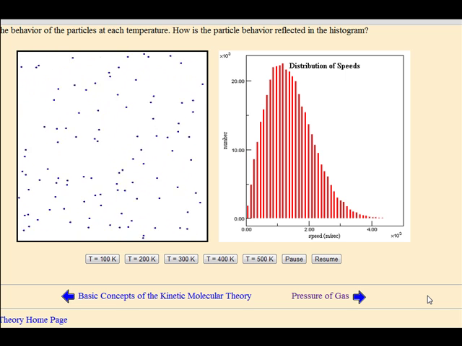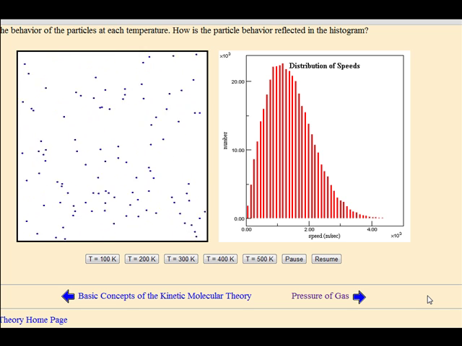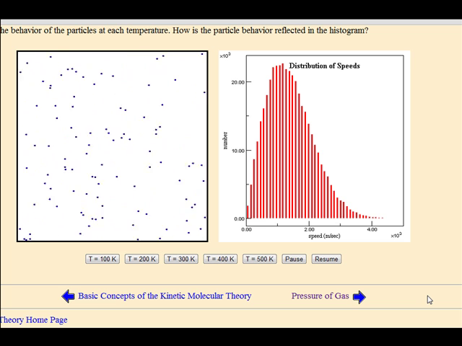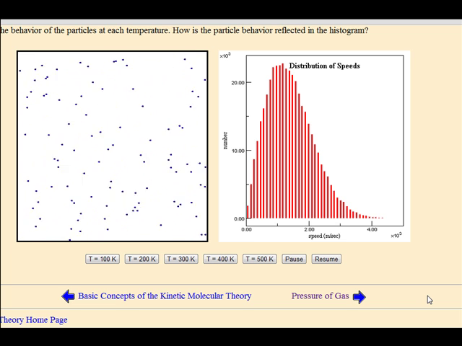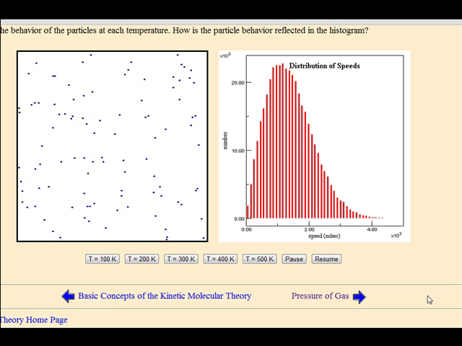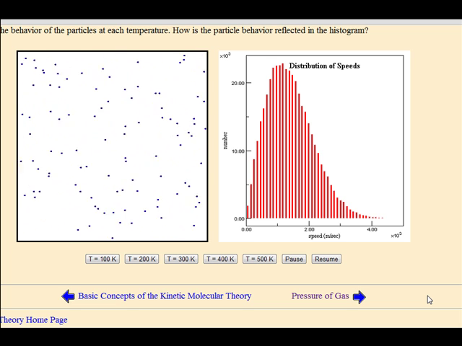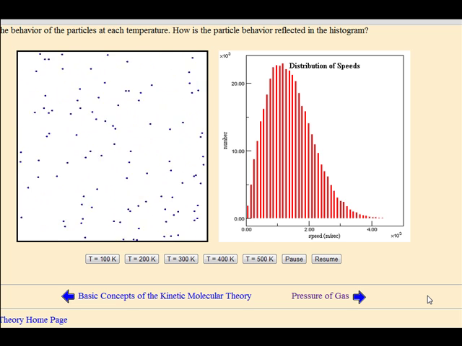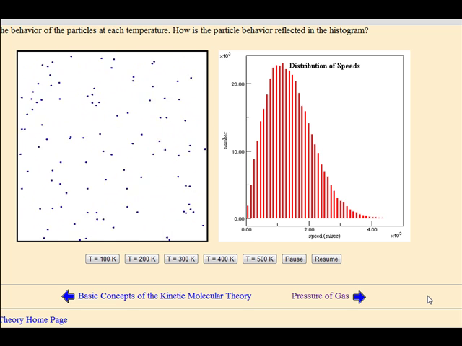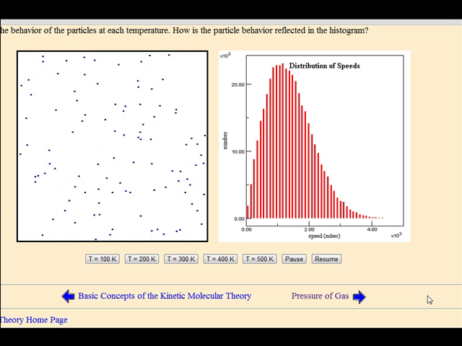These blue dots represent the gas particles, and we see that some of them are moving much faster than others. So even in one sample of gas at one temperature, some gas particles are moving faster than others.